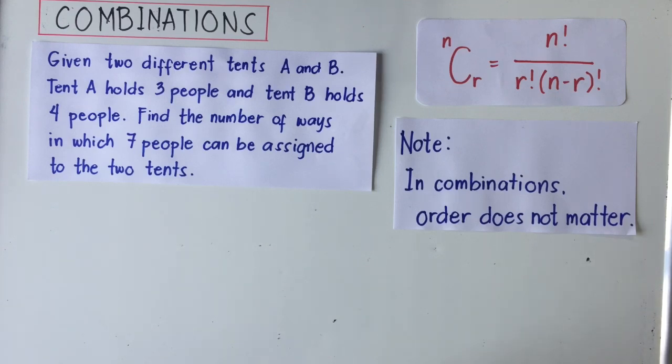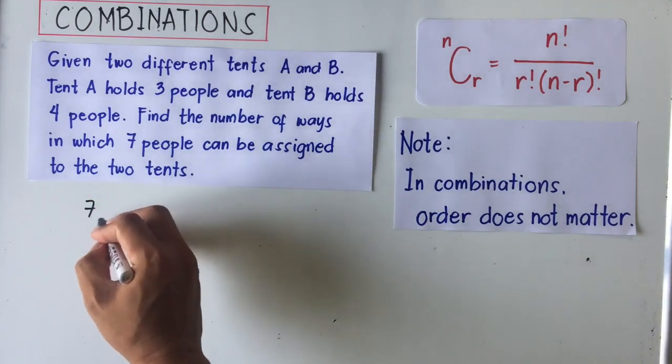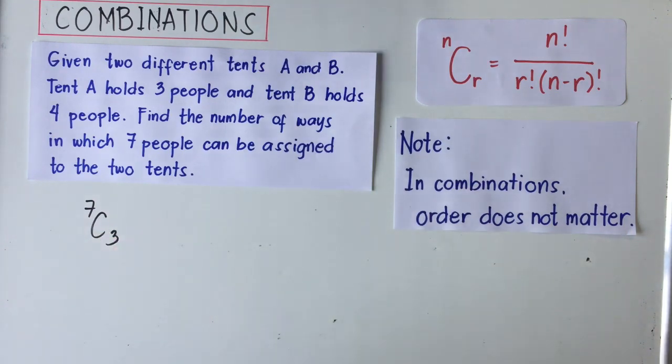If you are going to put 3 people in the first tent, I'll have 7C3.